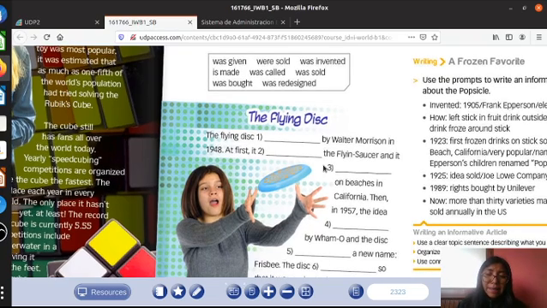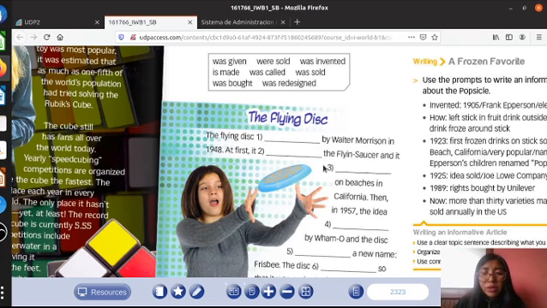¿Qué nos dice aquí? The Flying Disc by Walter Morrison, in 1948. What word do we have to use? Okay, here we have the flying disc was invented, okay, by Walter Morrison in 1948. At first, it, the flying saucer and it.